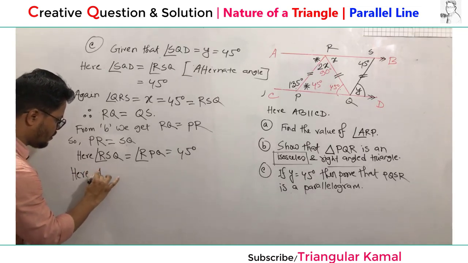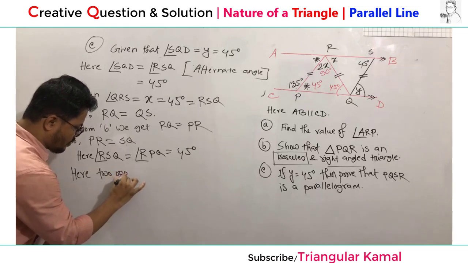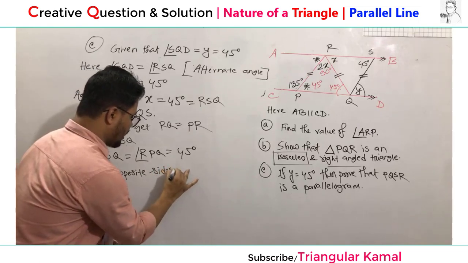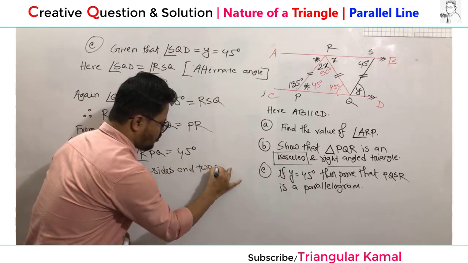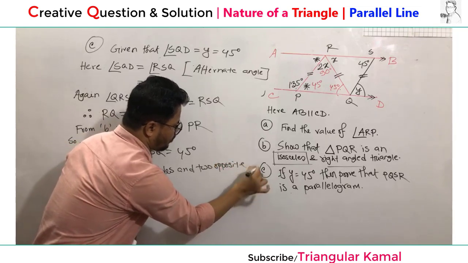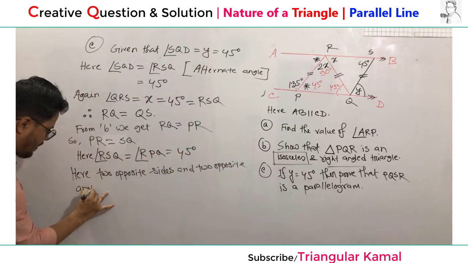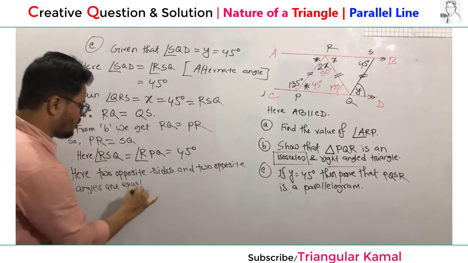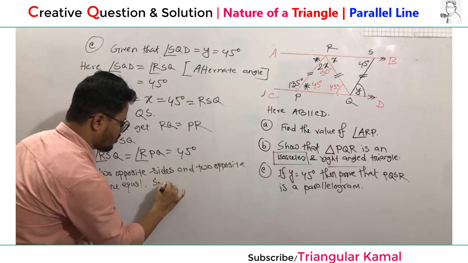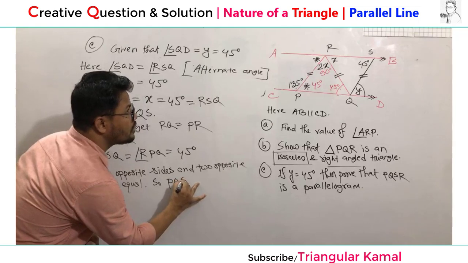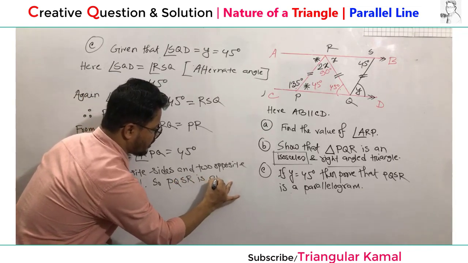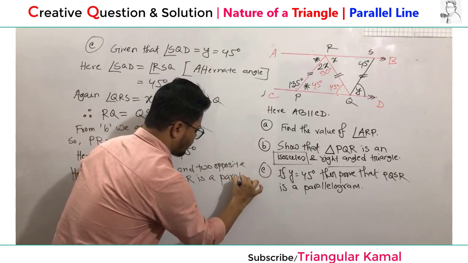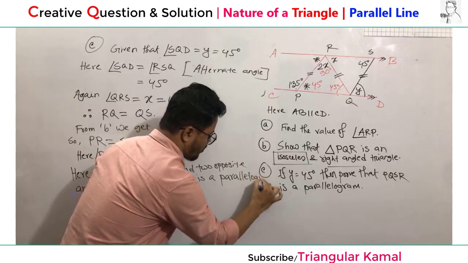Here, two opposite sides and two opposite angles are equal. So PQSR is a parallelogram.